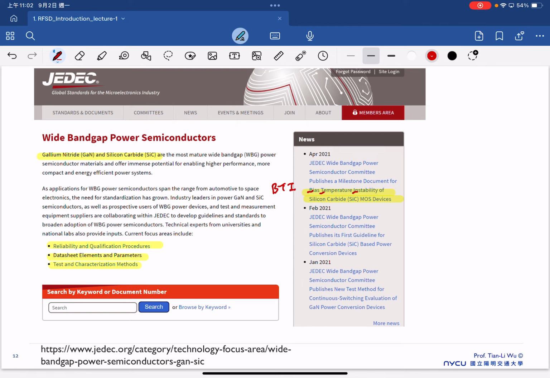That's why in this class we have to talk about bias temperature instability. If you look back at the other slide I mentioned, there's a specific topic we will talk about. It's called bias temperature instability.